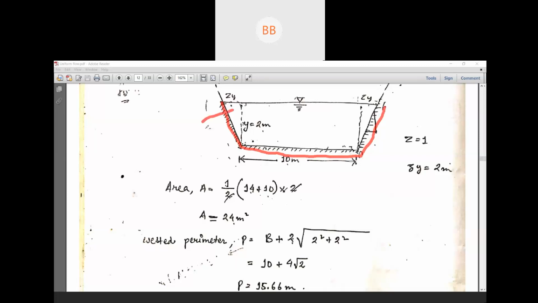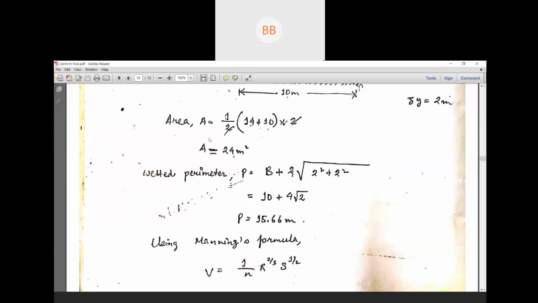Again you have to use Pythagoras theorem to find out this side, and as these two triangles are the same, you can directly multiply it by 2. So that's what we have done here. b, that is your bottom of the channel, plus twice root over, using Pythagoras theorem, this is also 2 and this is also 2, as Z is equal to 1 in our case. So 2 square plus 2 square, ultimately you are going to get 15.66 meter.